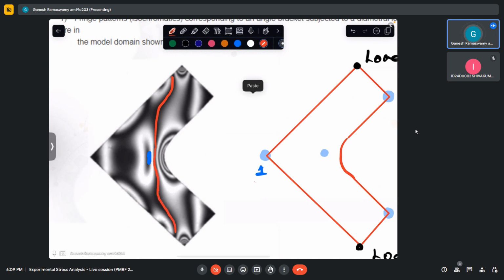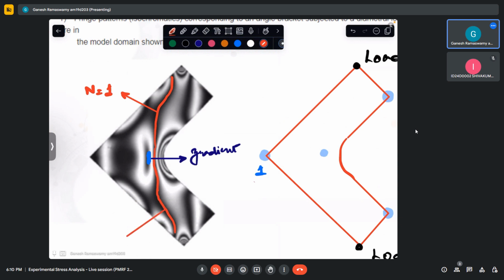If blue is 0, then we can see that the gradient increases in this direction. So, this has to be fringe order 1.